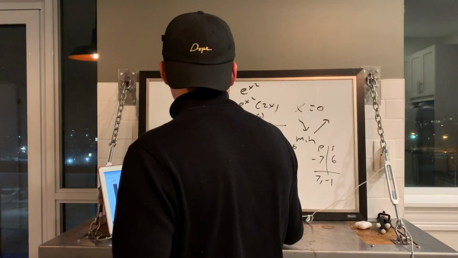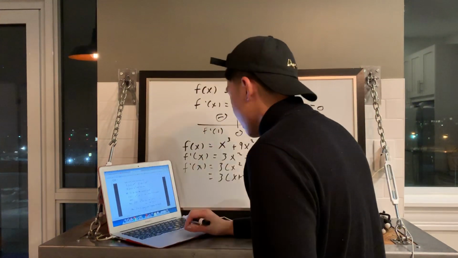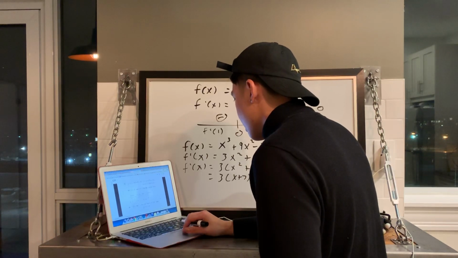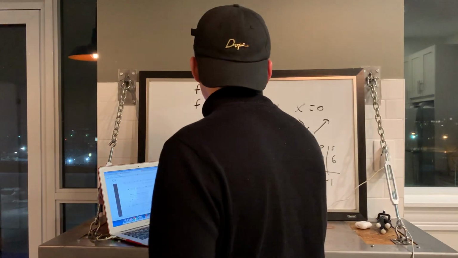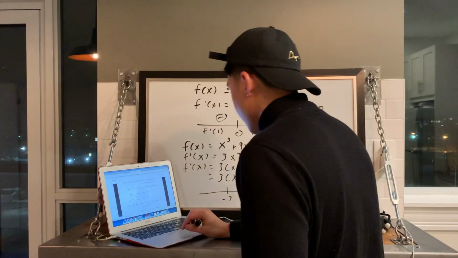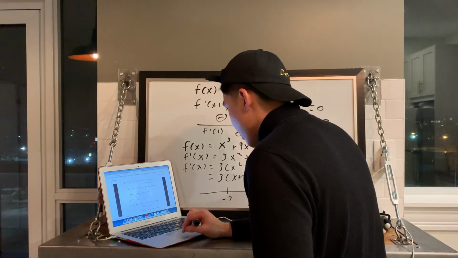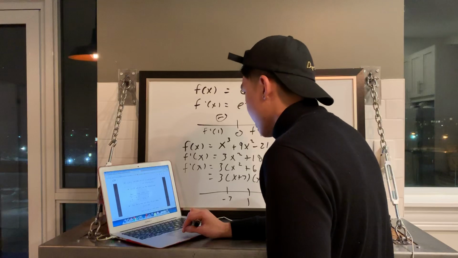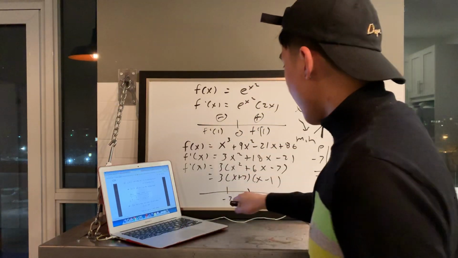So we get 3 times x plus 7 times x minus 1. Then I plot that on a number line, and I plot in those intervals and test values.